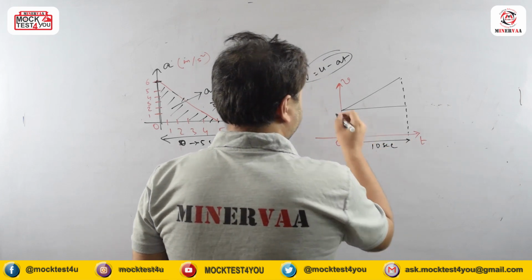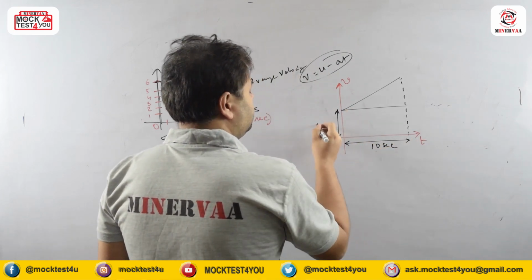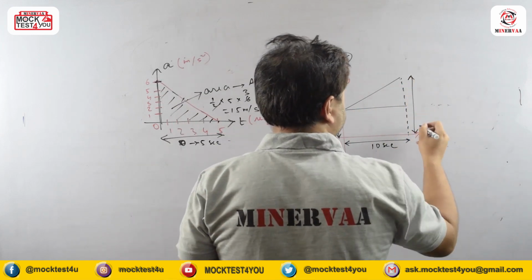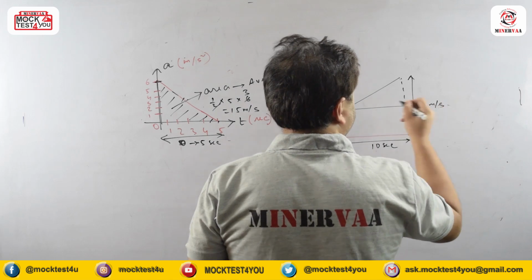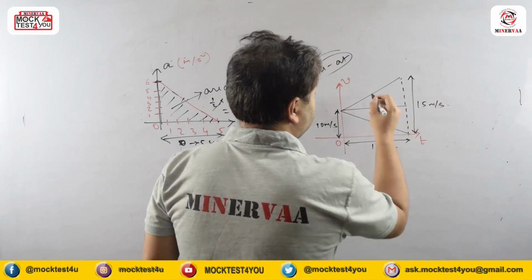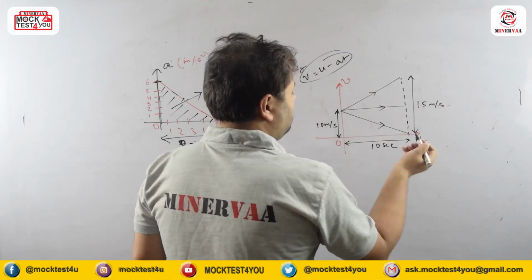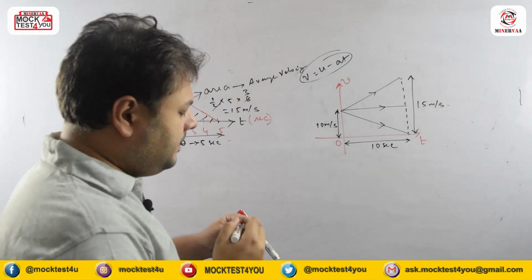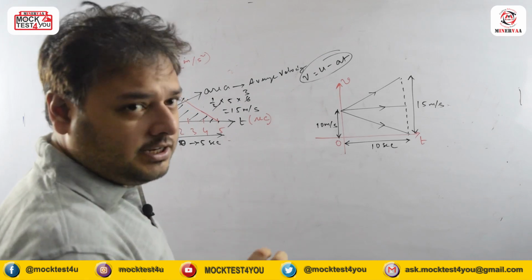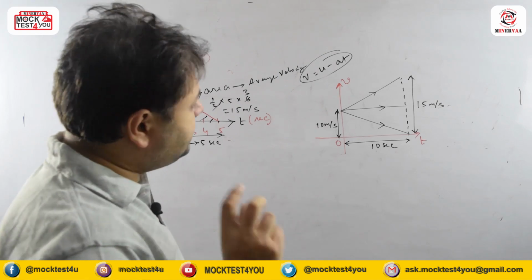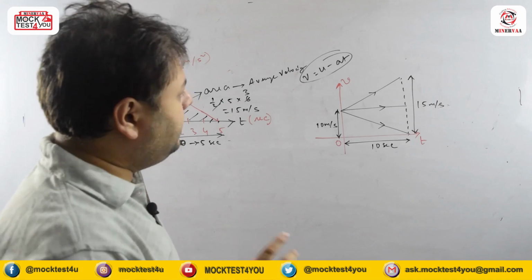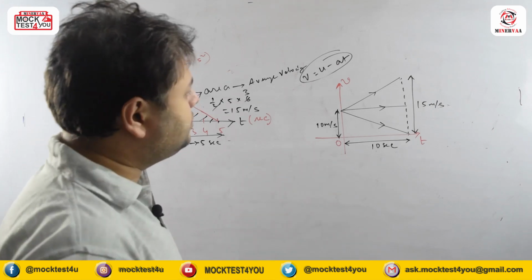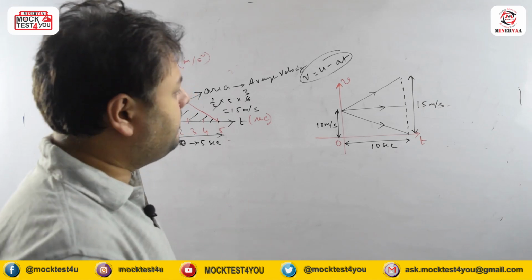Suppose it is 10 seconds, this is 10 meter per second, and this is 15 meter per second. So three particles are starting from the same point with the same initial velocity, and they are moving along these three different directions as shown by this velocity time graph.